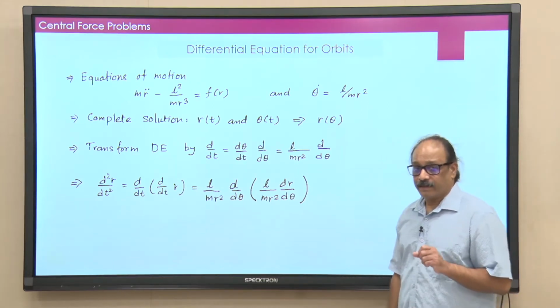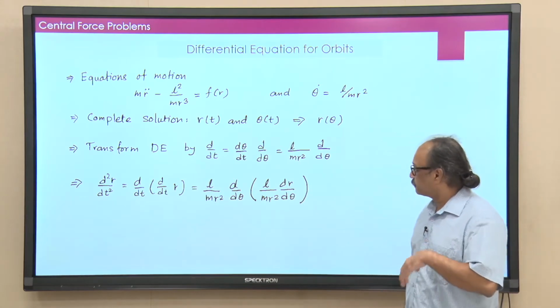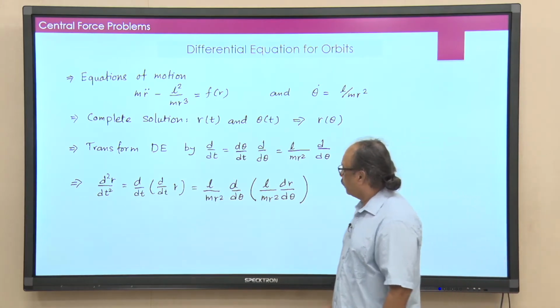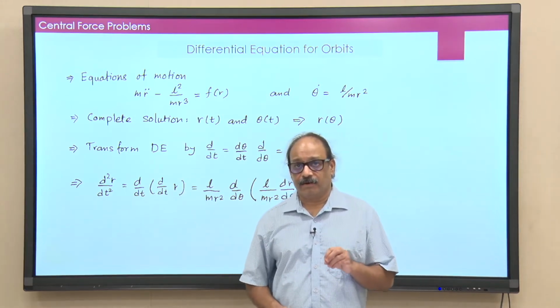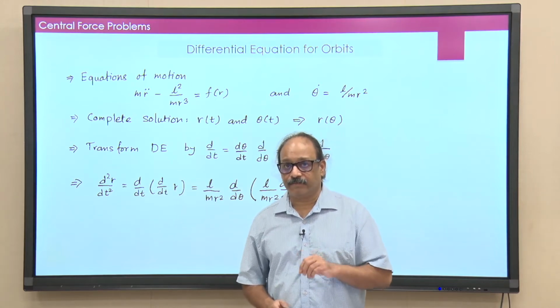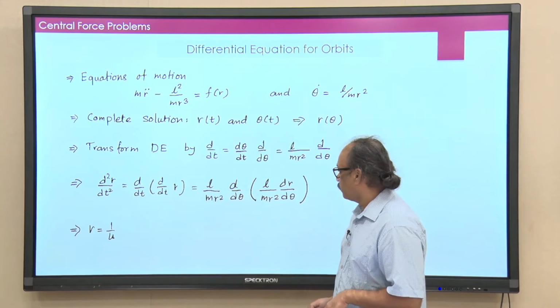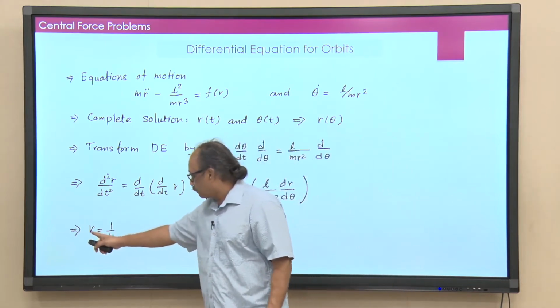Okay. Fine. And it would of course be beneficial, and this we have seen earlier too, if I replace this variable r, or the coordinate r, by another coordinate u, which is given as 1 over r. So, I will make that substitution too to obtain the differential equation that we want.